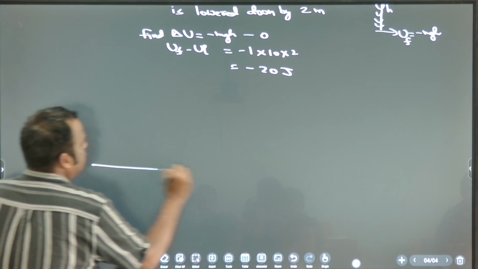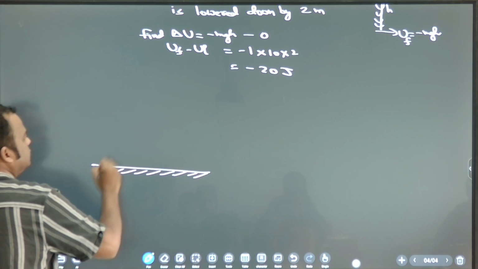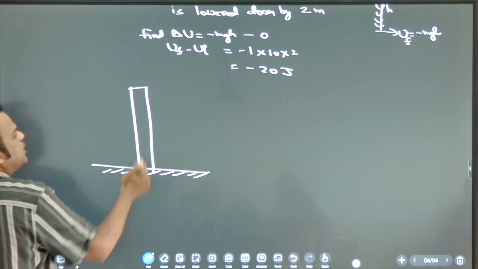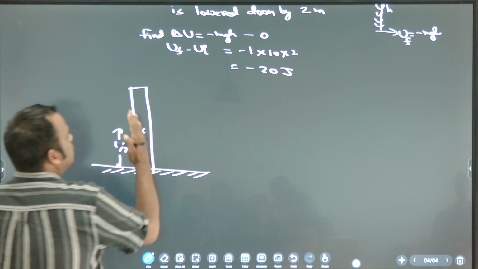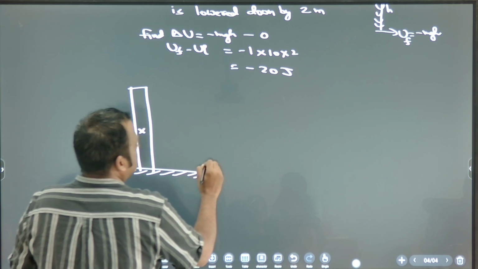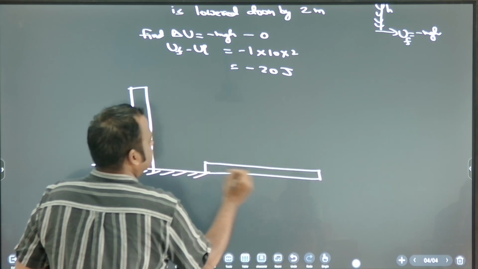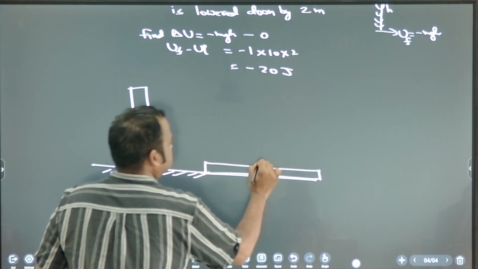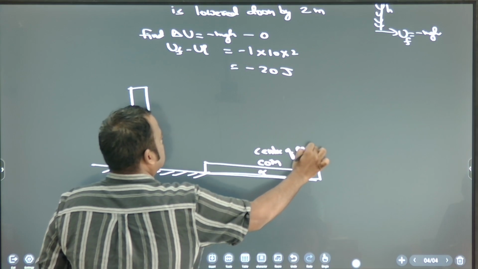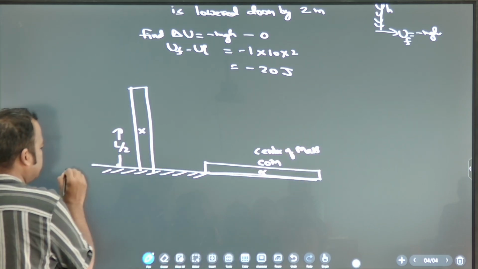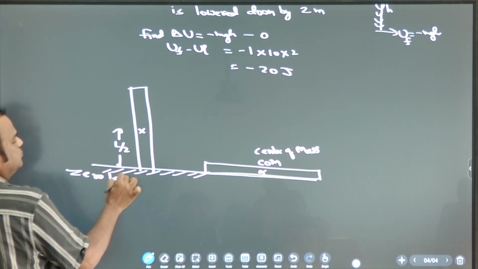Suppose there is a rod. Initially the rod is standing. So the center of mass is at what height? L by 2. Now it is lying. The same rod is lying here. The center of mass is here. Now this is the 0 level.